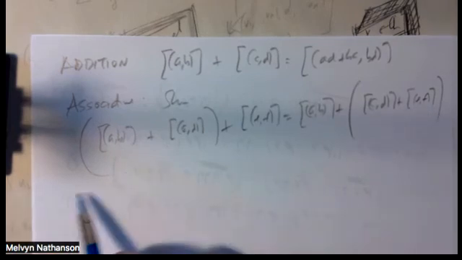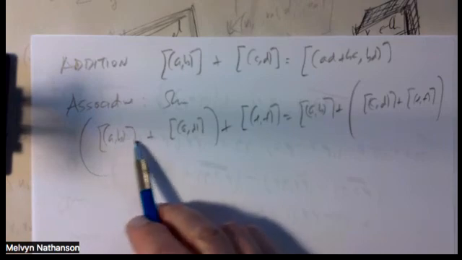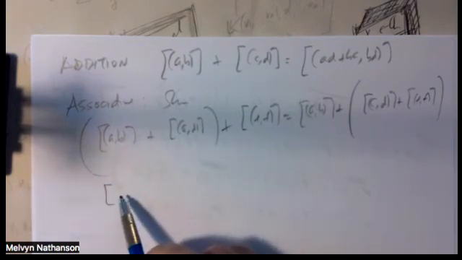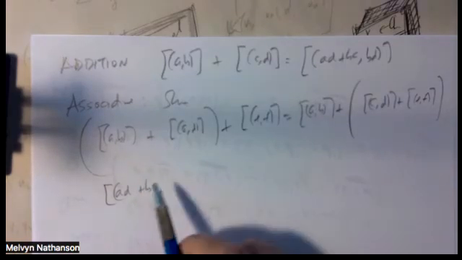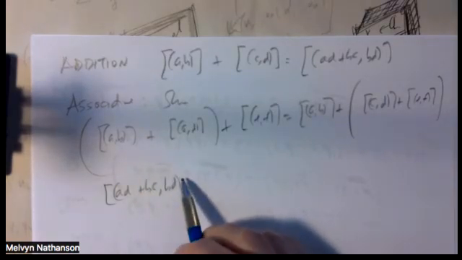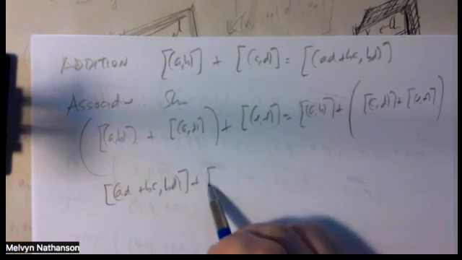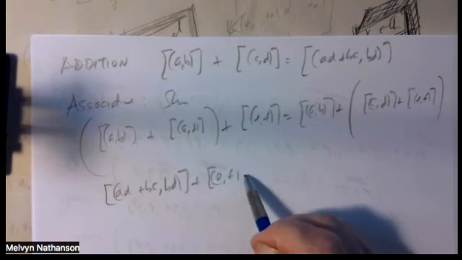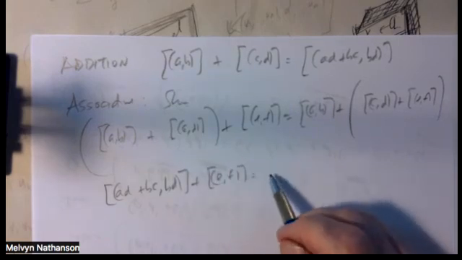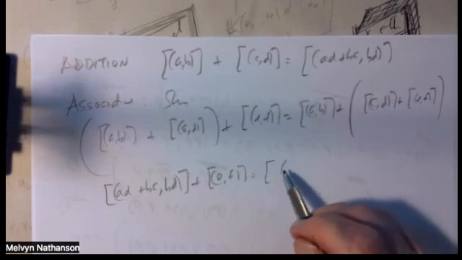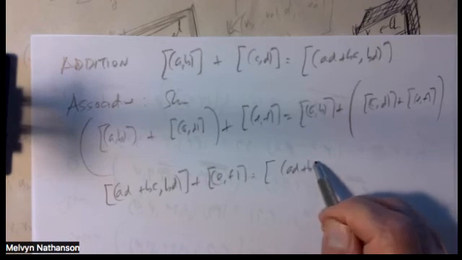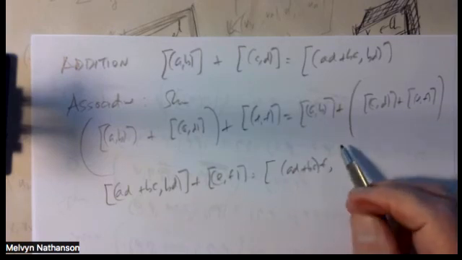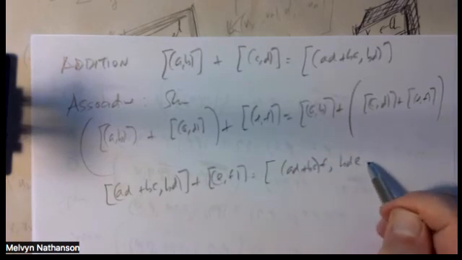So let's just check that. What is on the left-hand side? This is the equivalence class of AD plus BC, comma, BD, plus the equivalence class of EF. So this is the equivalence class of AD plus BC times F, comma, BDE.